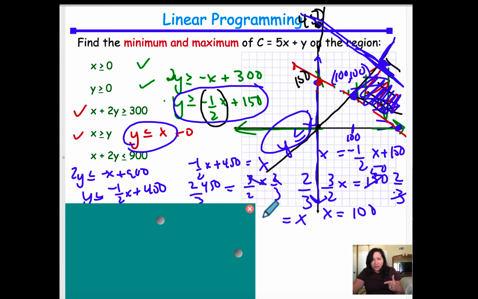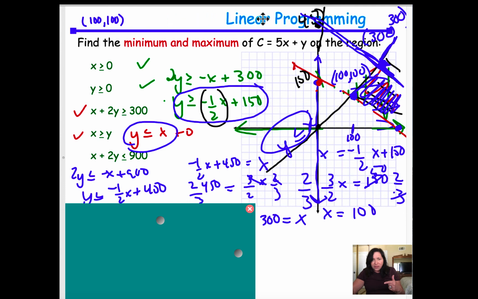And so we got x is equal to 300. And so for this one, when I plug this in, right, 300, 300. So far our points are, we've got a 100, 100. We've got a 300, 300.